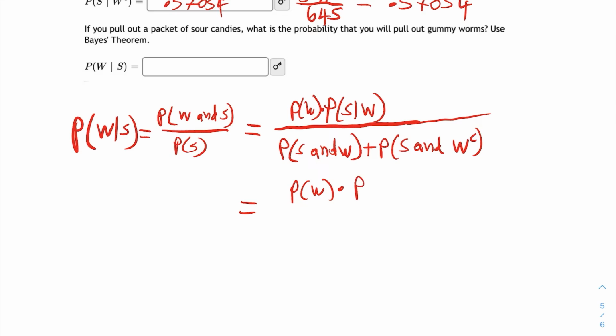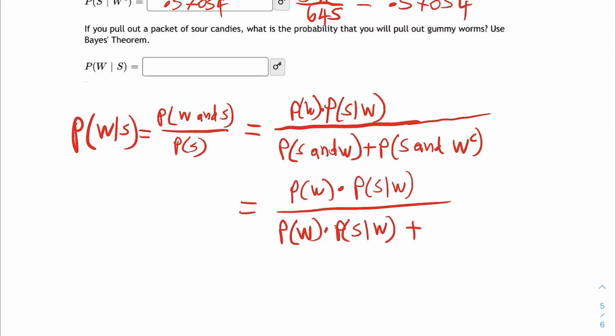The first one is the same one we already used the formula for, because W and S is the same as S and W. That is the probability of W times the probability of S given W. Plus, for the second one we use the exact same logic: the probability of not W, the probability it is not a gummy worm, times the probability that it is sour given it's not a gummy worm.